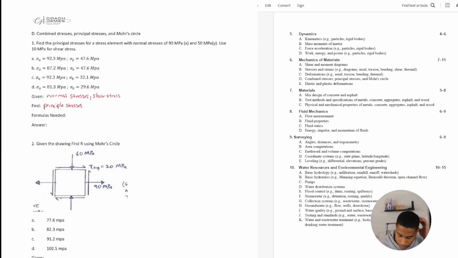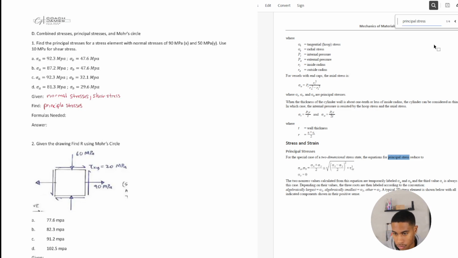All right, let's try to figure out how I can get principal stresses. With a special case of two-dimensional stress, the equation for principal stresses reduces to this.